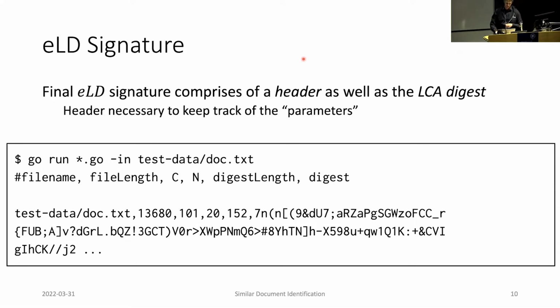What is mandatory here is the file length as well as the digest. The file length is needed for the scaling part, so we need to know what we actually condensed, or what we worked on to reduce it. The others are somewhat optional. The file name is always helpful, that's why we keep it. C and N, if you always use the same, you could of course remove that, but for simplicity, we simply include this.